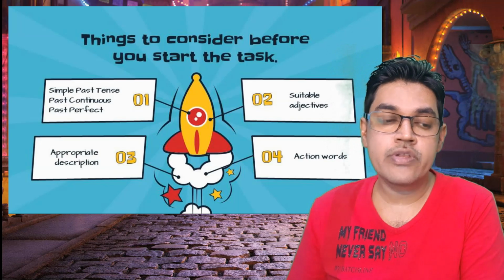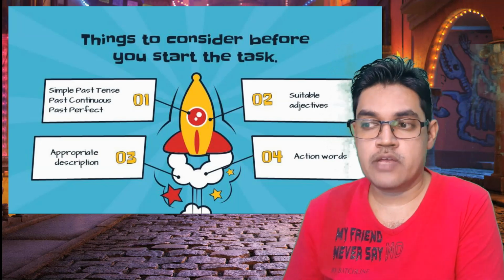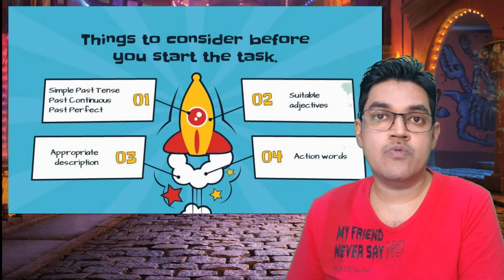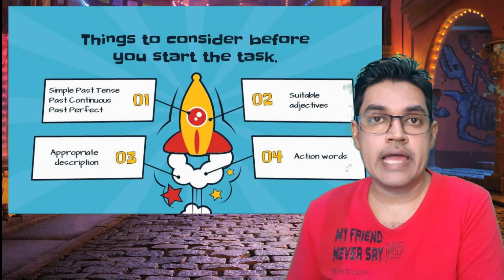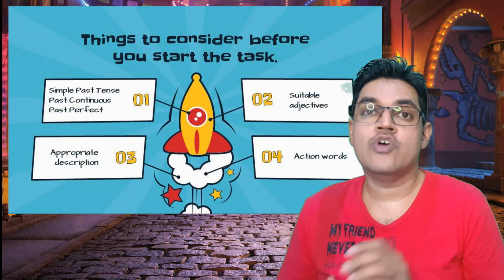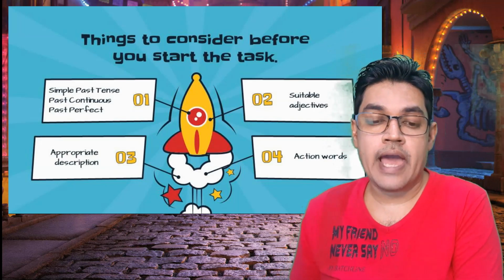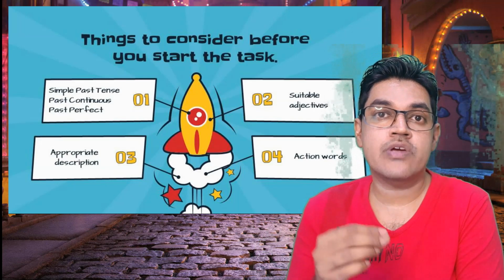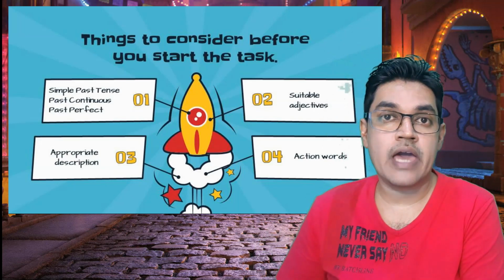Secondly, you also need to think of using suitable adjectives and also action words. So if you see suitable adjectives, you need to bring in some ideas into your essay to bring the element of surprise, as the question has required that your story must have a surprise.